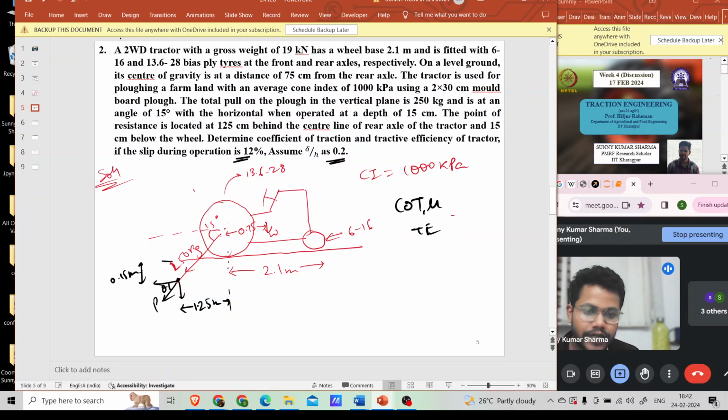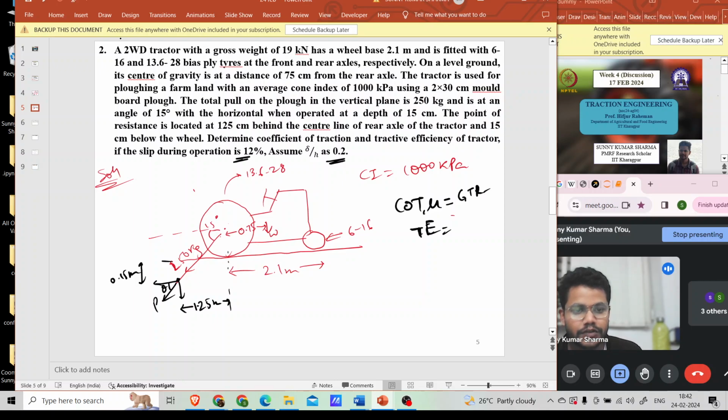So for the coefficient of traction, what will you do? Sivaraman, we will first discuss the procedure, then we will solve the question. What is the coefficient of traction? Gross traction minus pull, sir.